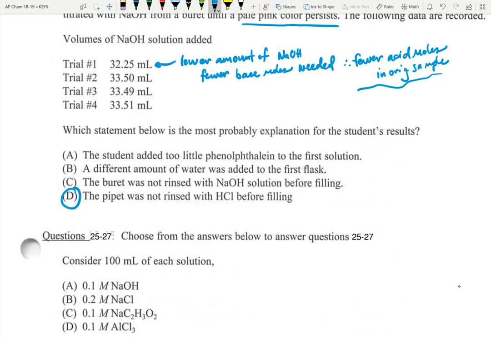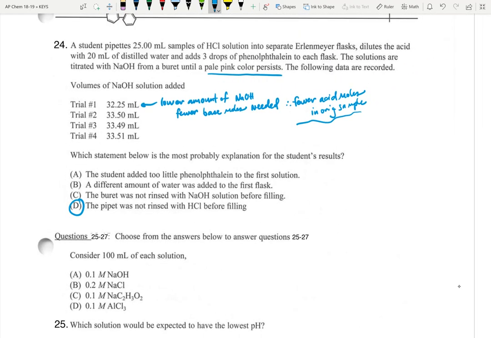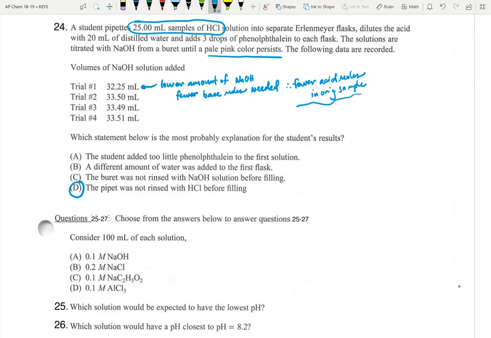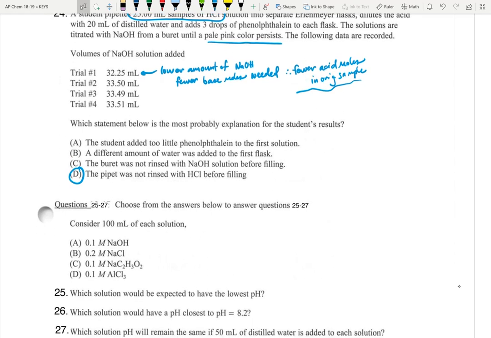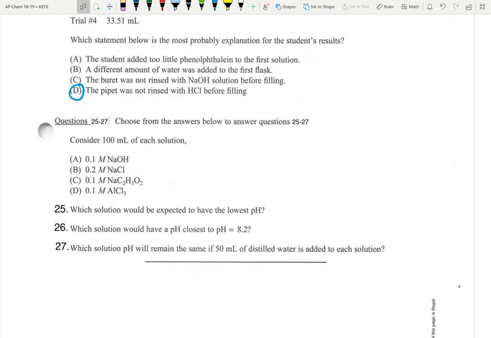And if there was, when you thought you had 25 milliliters of acid in that first sample, there was actually about 24.5 milliliters of acid and a little bit of water, and that little bit of water diluted it down. And that means there were fewer acid moles than you thought, and there was less base needed to neutralize them. Always rinse that out, and not doing so will reduce the moles that are actually present in the sample that you've measured out.